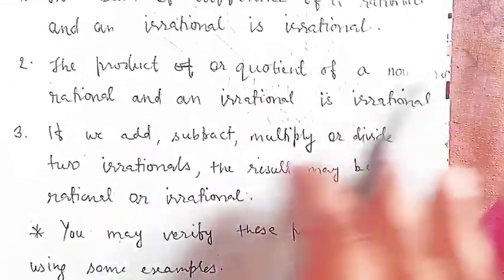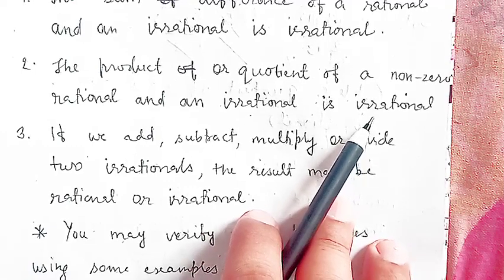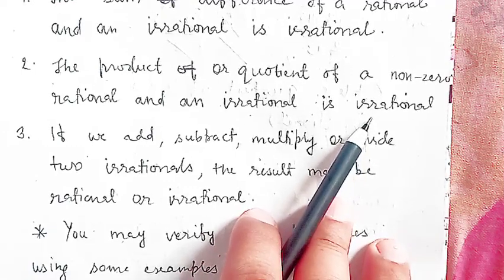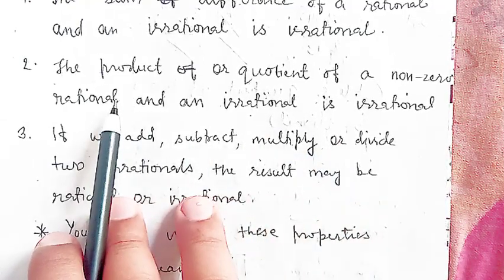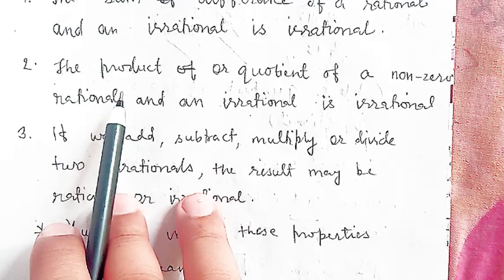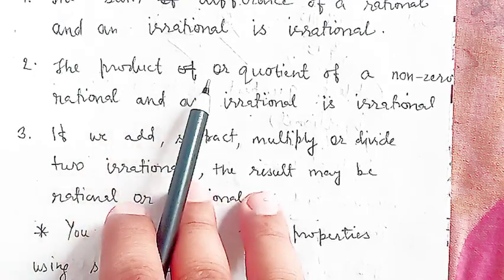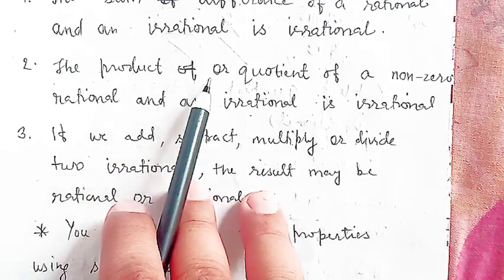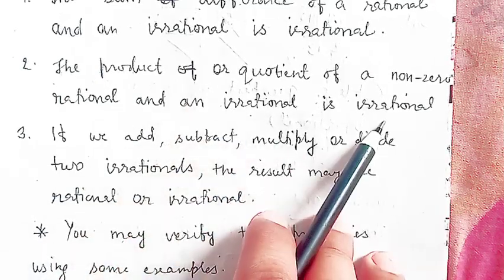The product or quotient of a non-zero rational and an irrational is irrational. For example, 2 into root 5, that is 2 root 5, is an irrational. Here non-zero rational is written because if we take 0 and multiply with any irrational number, we get a rational number. So the product of a non-zero rational with an irrational number is an irrational number.